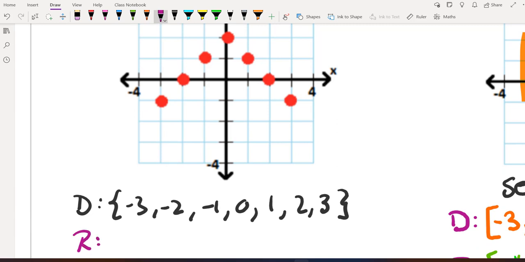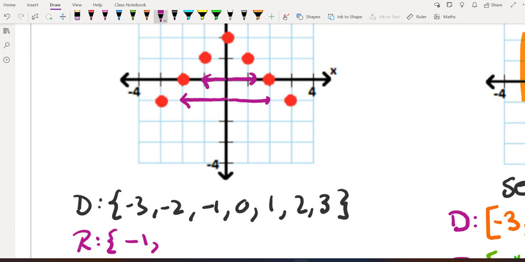So for range, we're looking at the y values. When we look at the y values, starting from the smallest to the biggest, at the bottom here we have 2 dots. Both of these dots are at a y value of -1. You do not need to list -1 twice. Only list it once. Then we go up to the next set of values.